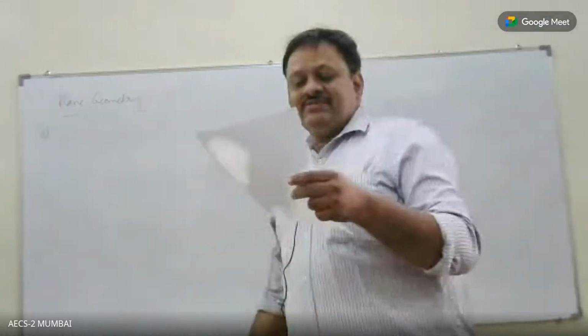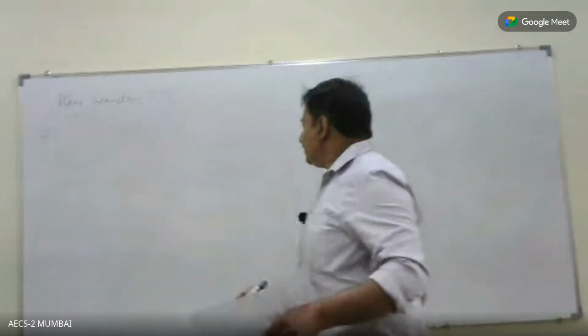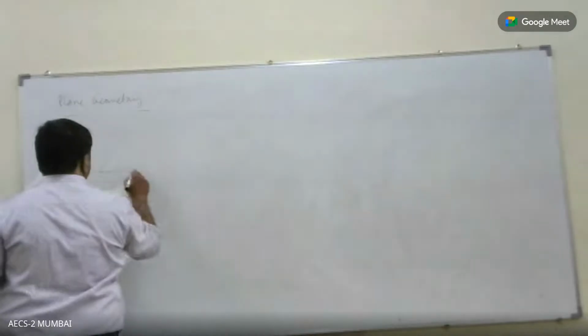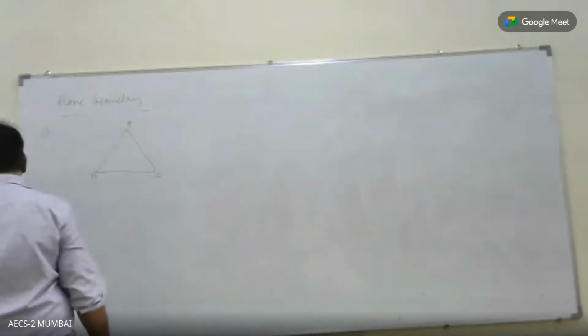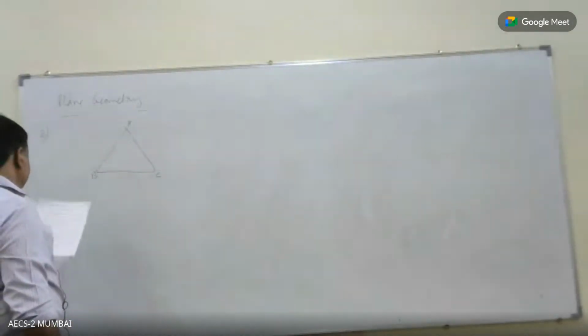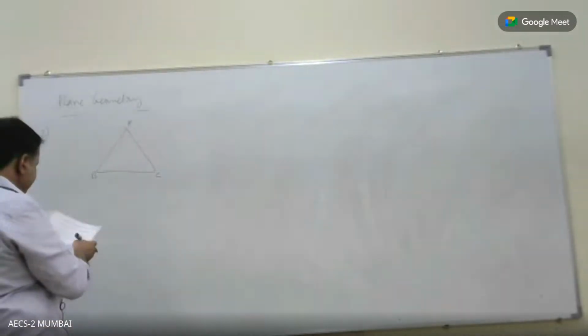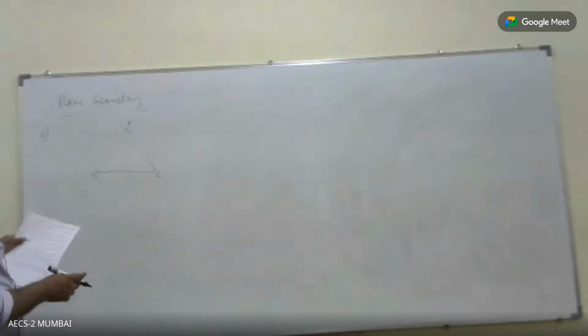Okay. So what is given here? In triangle ABC, AB equal to AC. A transversal cuts AB, AC, BC at K, L, M respectively.